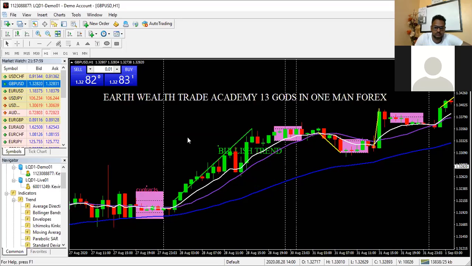Understand? So right here, this is the bullish trend, and it contracts, then it goes into a bearish trend right here. Contracts, and then it goes into a bullish trend again. So this is always playing out in the market. And I need you guys to understand that. Always, always, always playing out in the market.